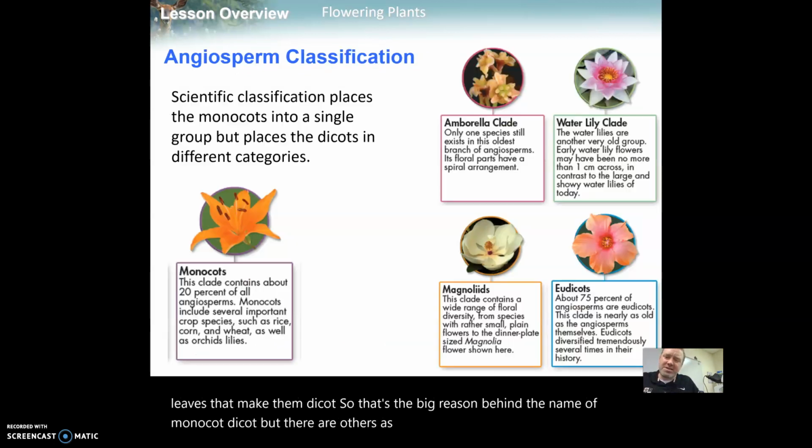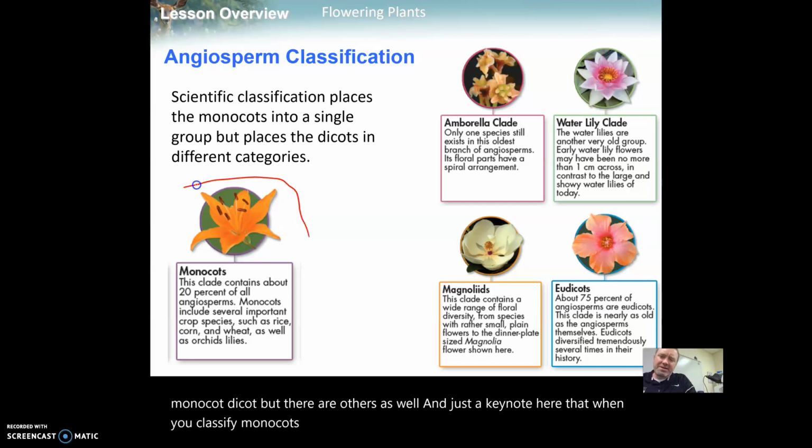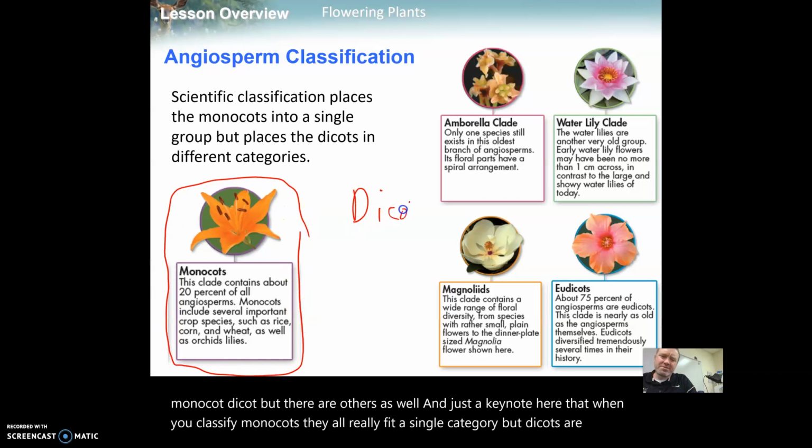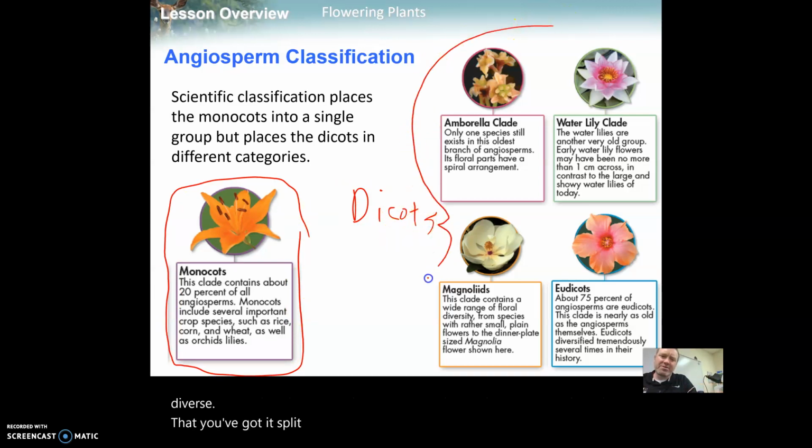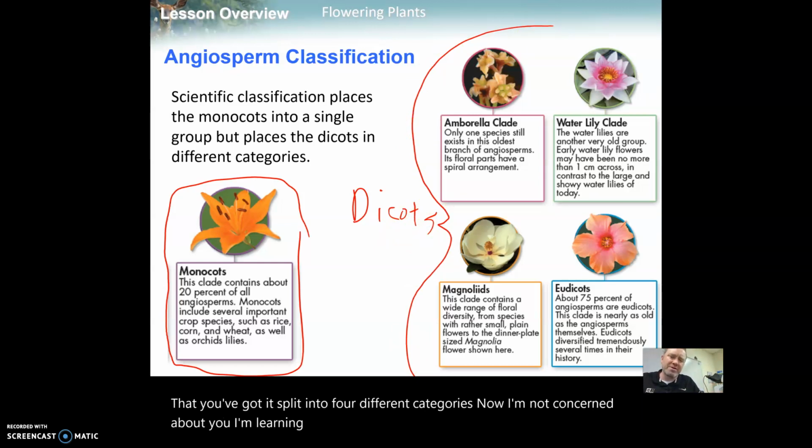And just a key note here, that when you classify monocots, they all really fit a single category, but dicots are so diverse that you've got it split into 4 different categories. Now, I'm not concerned about you learning the difference between these 4, but I just want you to recognize that dicots are much more various, and monocots are very similar to each other. So there you have the different categories.